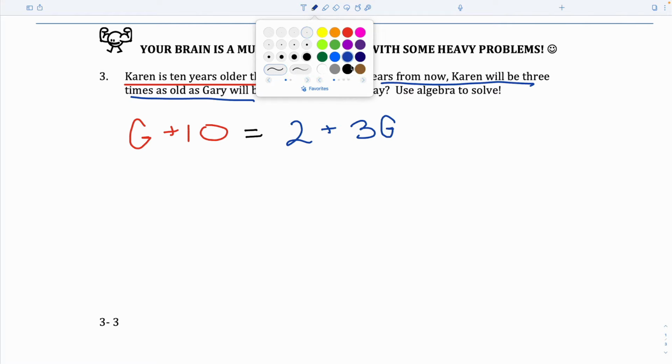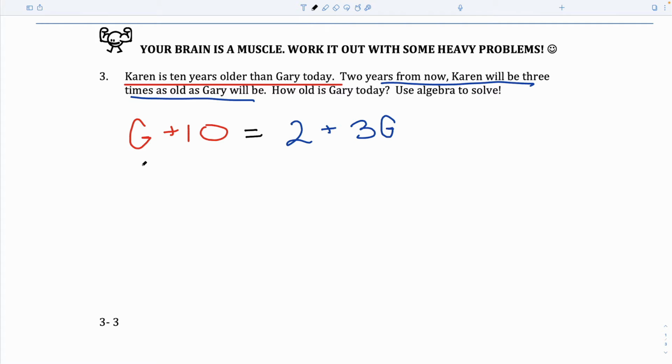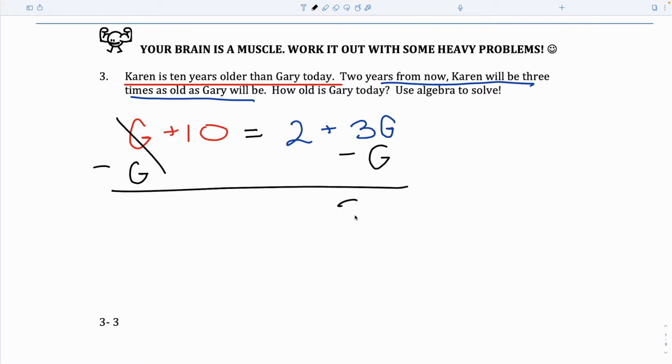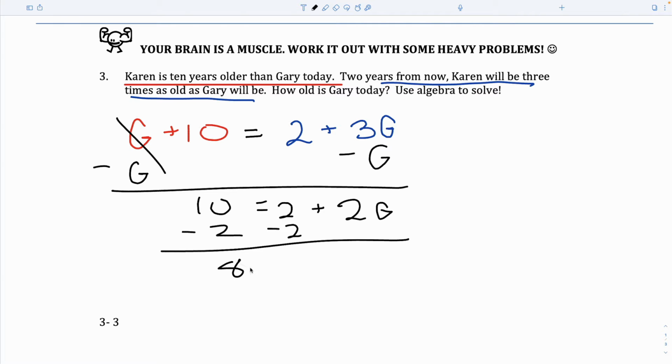We don't actually need to find Karen's age for this one. Let's start out by moving the G. And let's move the 2. And then finally divide. It looks like Gary is 4 years old.